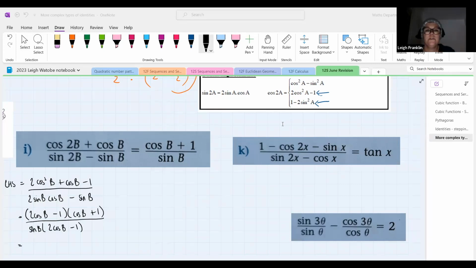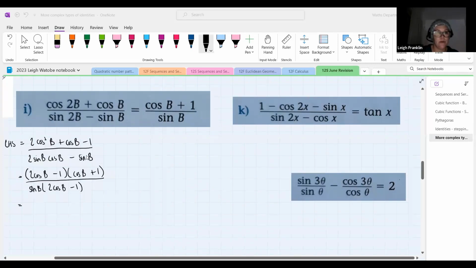All right, so those of us that were busy with I, we should all be pretty much close to being done with I. All right, so remember we said if we saw cos 2b with cos b, we would rewrite cos 2b as 2 cos squared b minus 1. So that's how come we've got that as a trinomial at the top.